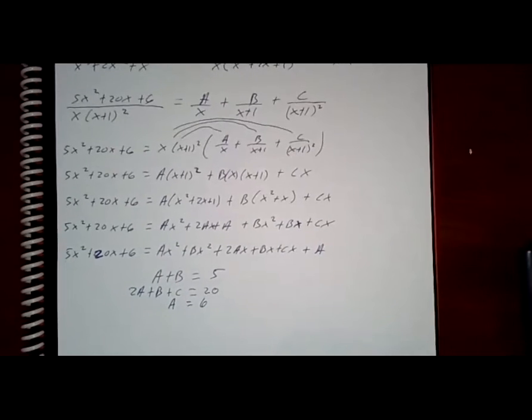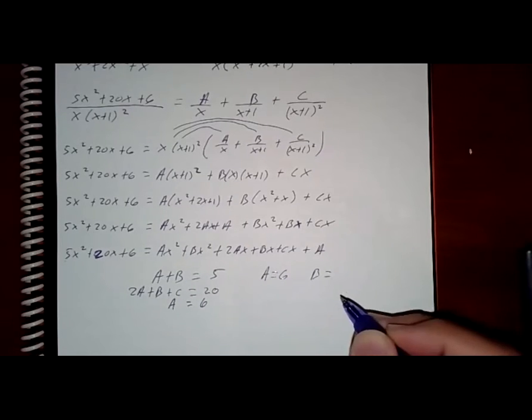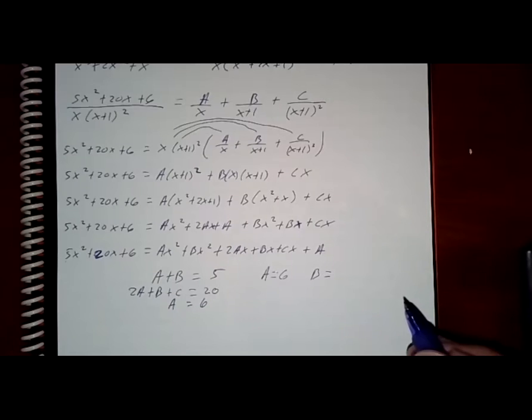Thank you. So once you create the system, you can use matrices, substitution, elimination, whatever you want. Doesn't matter to me, to solve for a, b, c. Although this one gave me a right away, which is cool. If a is 6, what does b have to be? Right? -1.